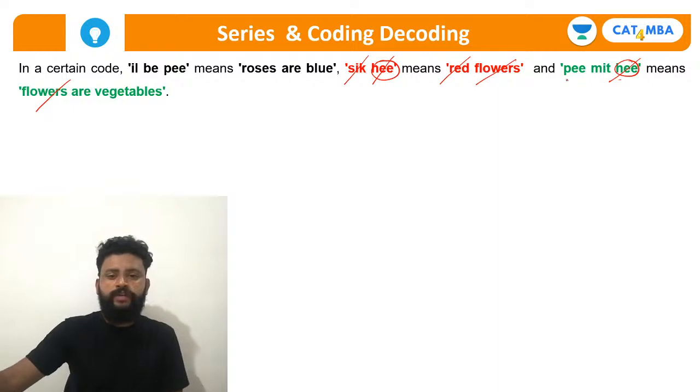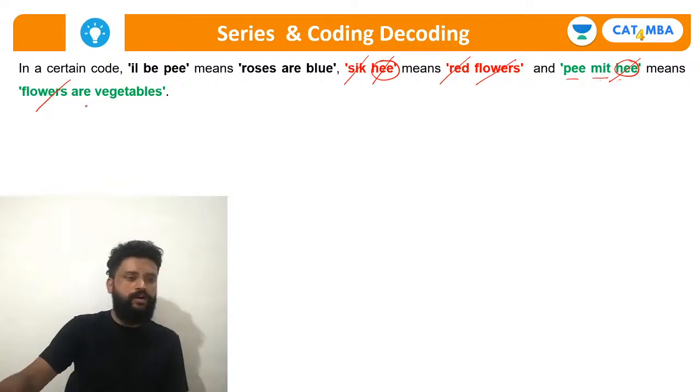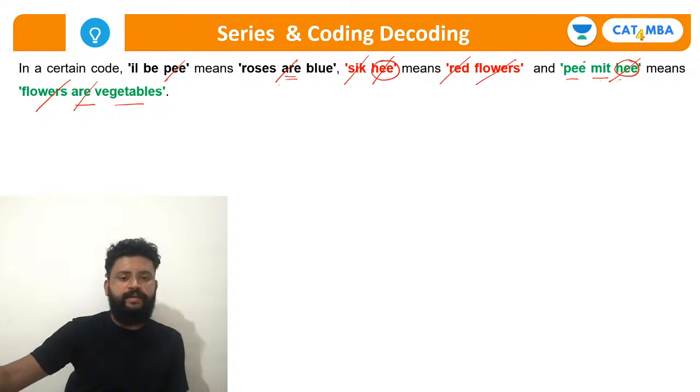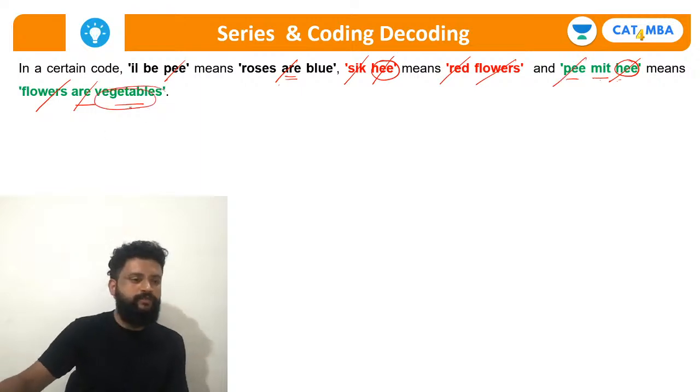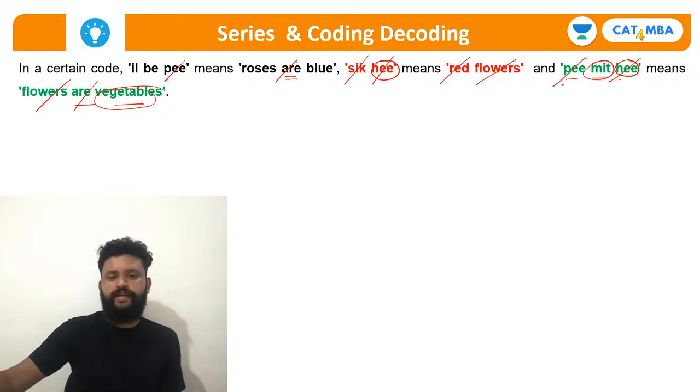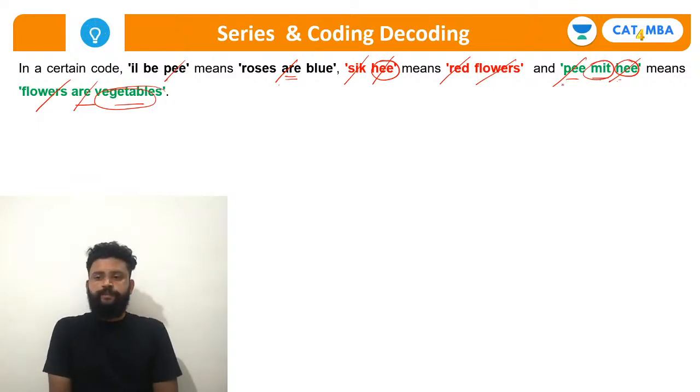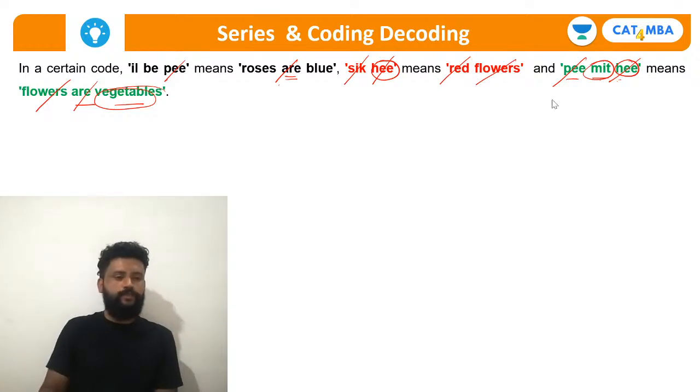Then we have two words, he and meat, for R and vegetable. Here we have R, and here we have P as the code for R. Okay, that's great.